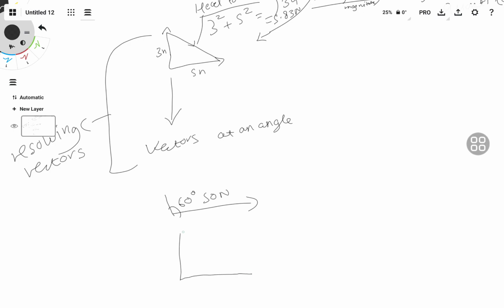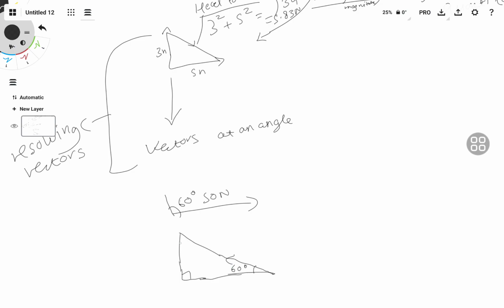We will draw a right angle like this, and 60 degrees. This is 60 degrees, an angle acting like this.